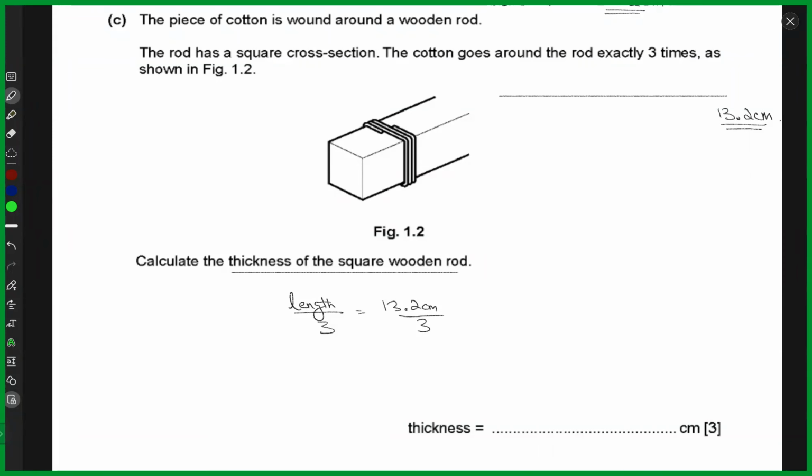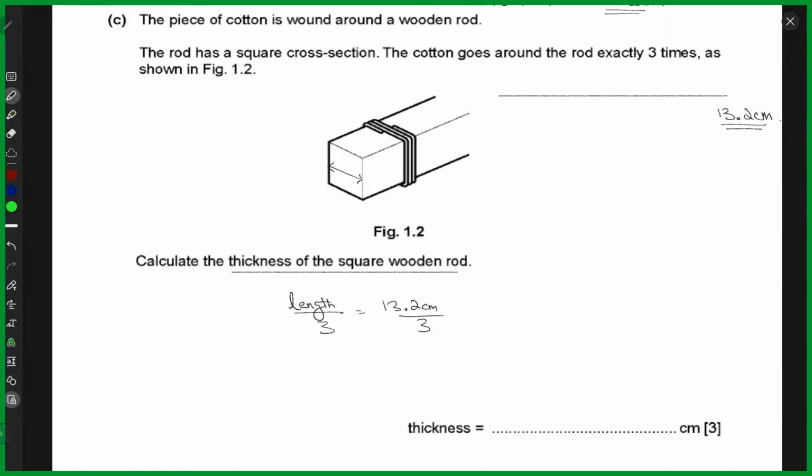Right. So once it wraps around the rod, we only want to find out the thickness of this rod. So how thick is this rod? If the cotton is wrapping 3 times around it, I just need to figure out how much of it wrapped one time, because the one time that it wrapped would give me this thickness over here.